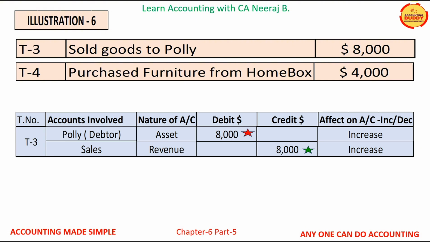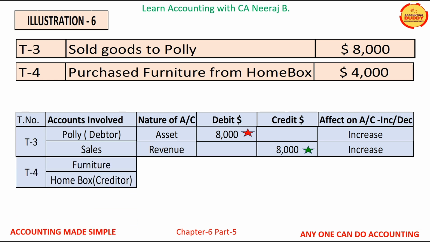Transaction T4 is furniture worth $4,000 purchased from Homebox. Two accounts involved in T4 transaction are furniture account and Homebox creditor account. Furniture is an asset while Homebox is a liability account.